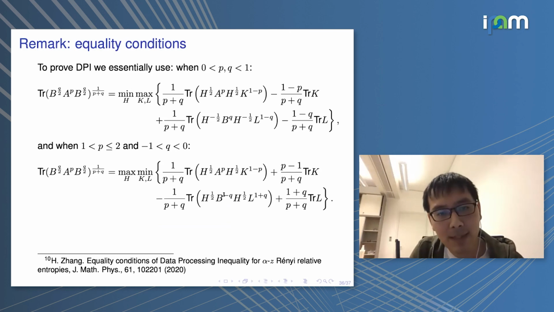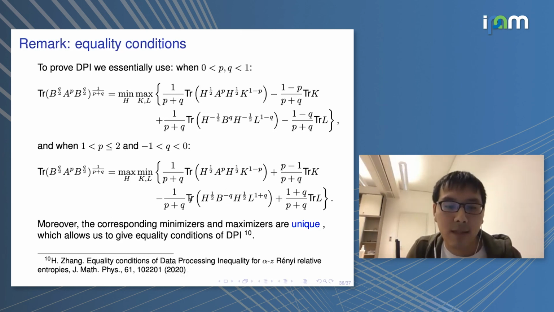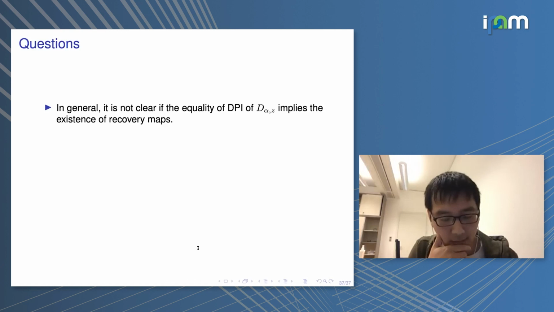So if you are looking for some other properties which are stable under taking these minimax formulas, such formulas possibly will reduce your problem to looking at these simpler trace functionals. The point here is that the corresponding minimizers and maximizers in these variational formulas are all unique. Therefore, we can use this to give some algebraic equality conditions of data processing equality, which I will not go into in detail here. So the first question is still on these equality conditions.